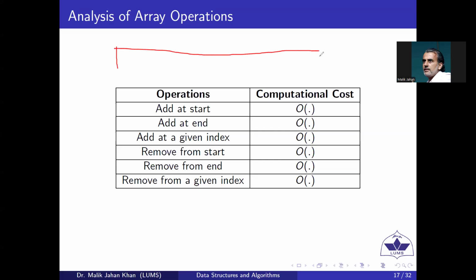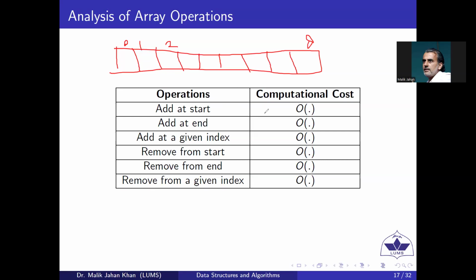So let's say we have an array which has some elements over here. 1, 2, 3, 4, 5, 6, 7, 8, 9. So this is 0, this is 1, this is 2, 3, 4, 5, 6, 7, and then this is 8. There are total 9 elements over here.